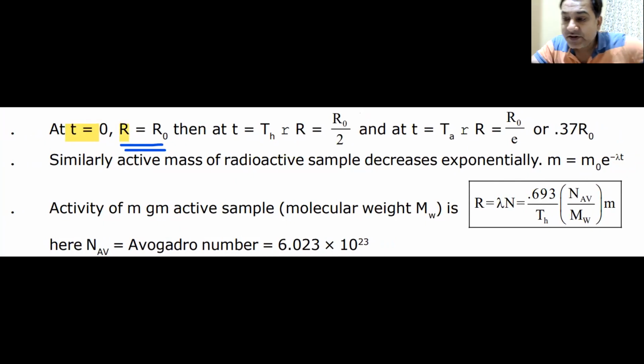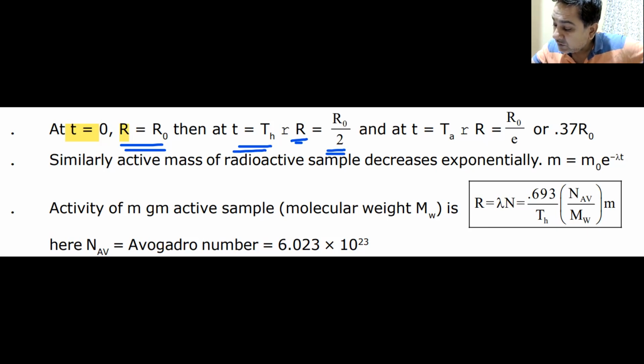So initial activity is R naught. At half-life, this activity will become R naught by 2. At half-life, the number of nuclei also becomes N naught by 2. At half time, T half, activity also becomes R naught by 2.